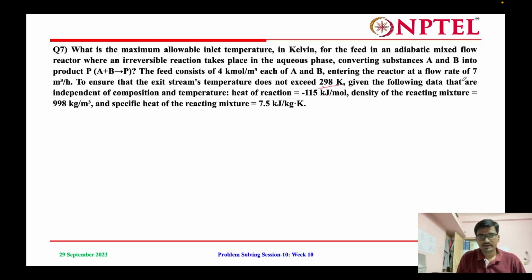Given the following data that are independent of composition and temperature: heat of reaction is minus 115 kilojoule per mole, density of the reacting mixture is 998 kg per meter cube, and specific heat of the reacting mixture is 7.5 kilojoule per kg per Kelvin.